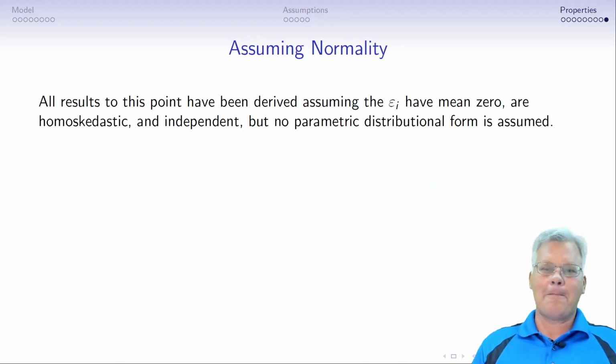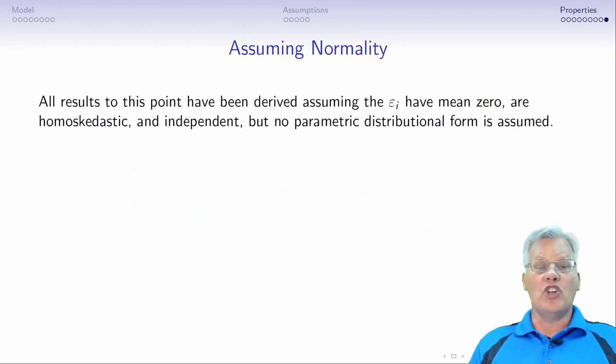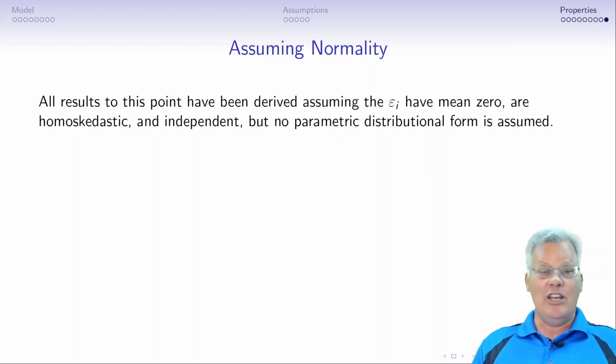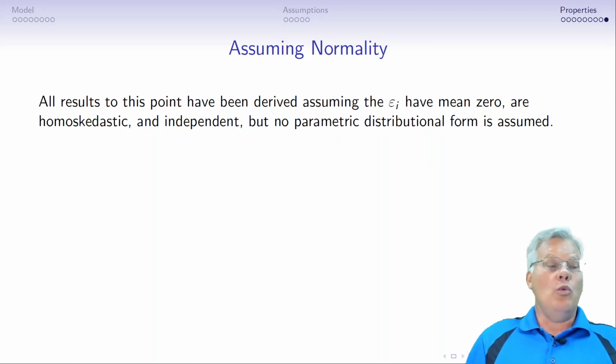Okay. Now, for all the results that we've derived up to this point, we've assumed only that the epsilons have mean zero, are homoscedastic and independent, but we did not assume any parametric distributional form.